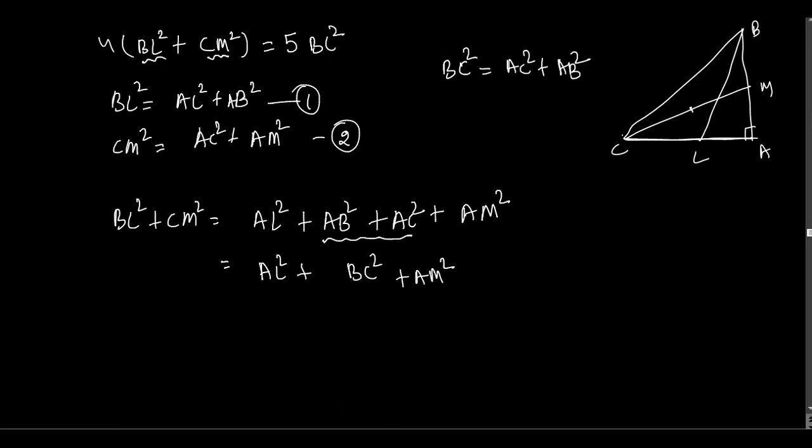And it is given in the question that L and M are the midpoints of sides AB and AC. M is the midpoint of this side and this one is the midpoint of this side. So what can you write AL in terms of AC?